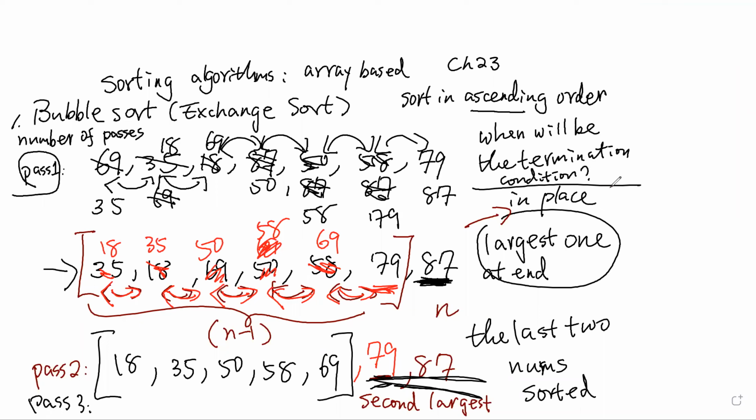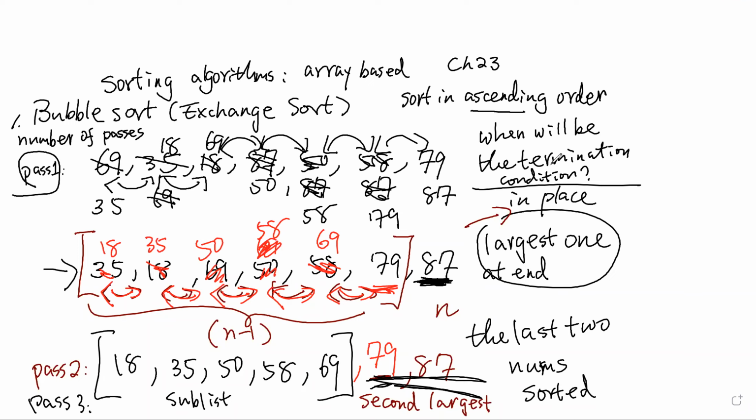When no changes appear, yes, that's one case. Generally speaking, suppose you always need to do sort. Suppose the list, we call this a sublist. Suppose the sublist is never sorted, then you need to keep doing. Then what will be the termination condition?